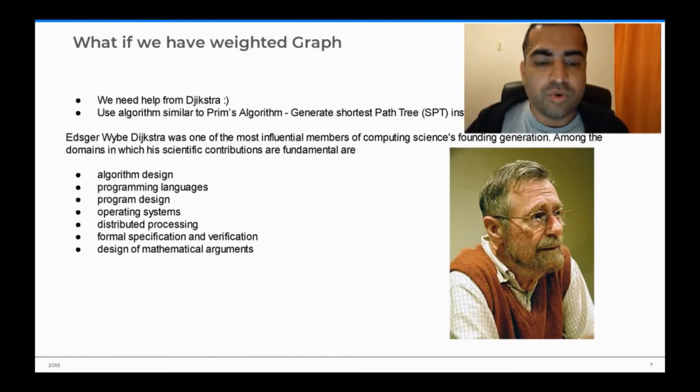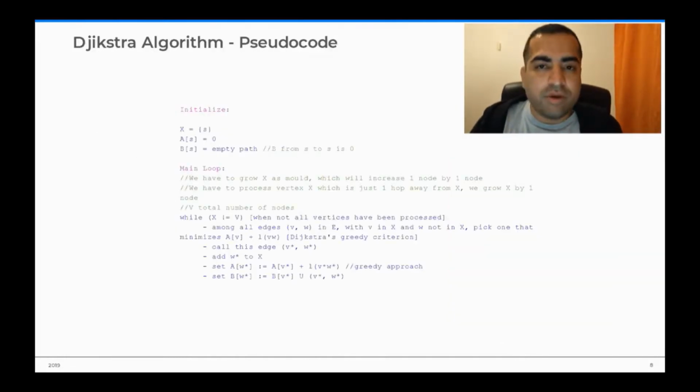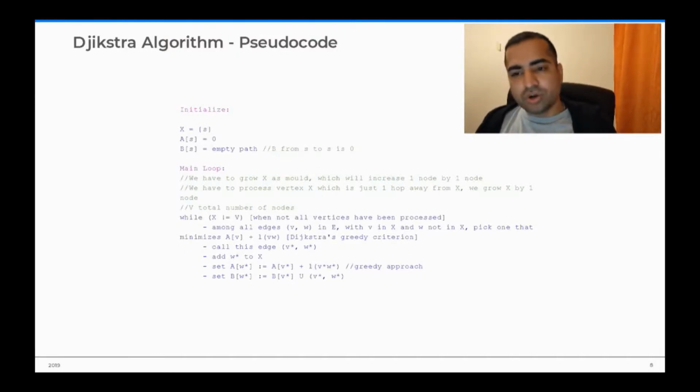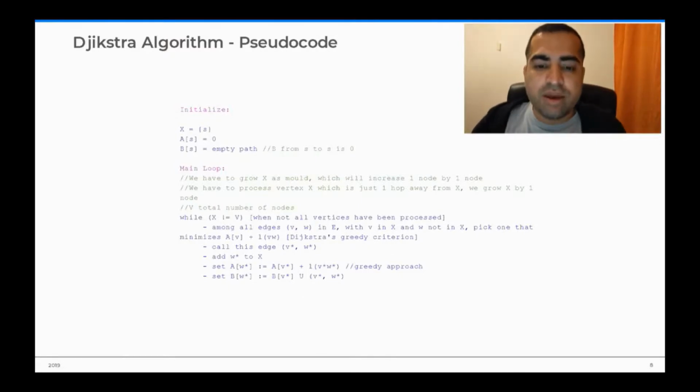Let's look at the pseudocode, which shows the way we are solving the problem. Let's assume that X is a set of vertices for which we have found the shortest path correctly. So it acts like a mold which grows over time as we progress with the algorithm.